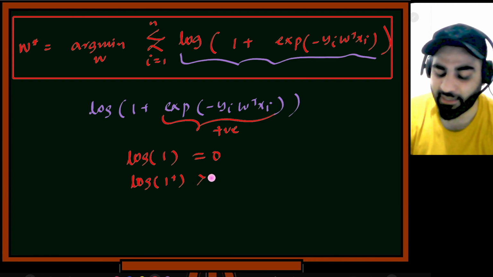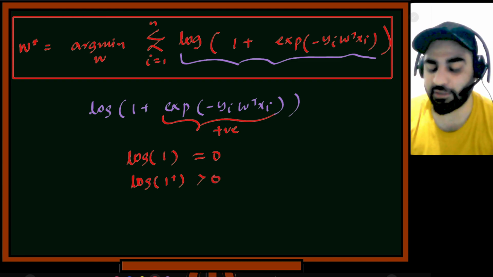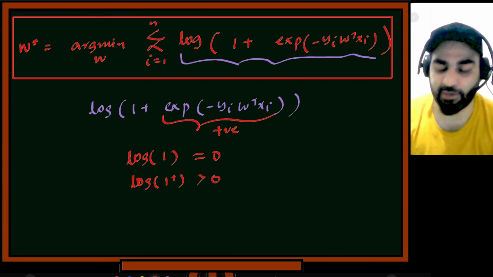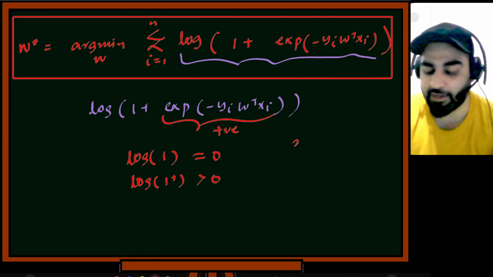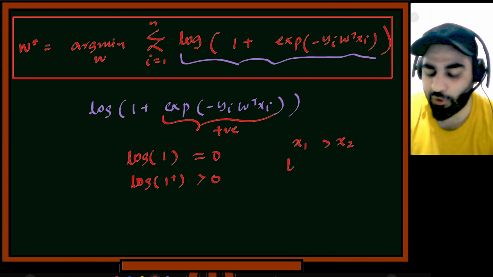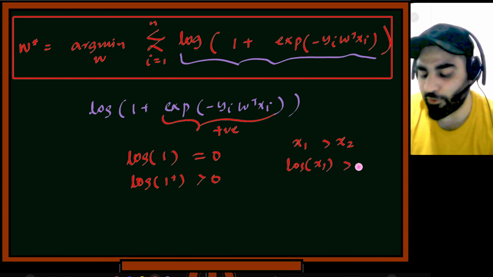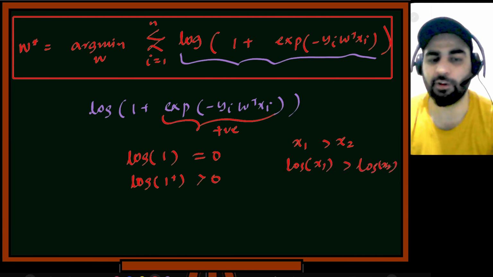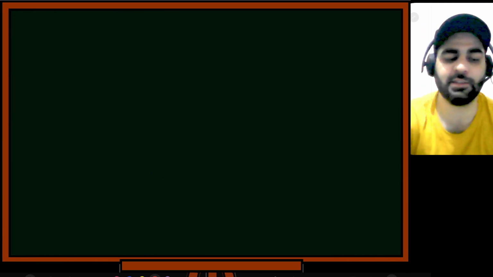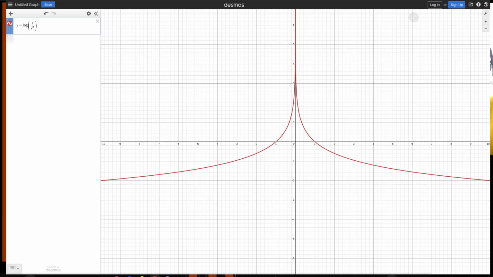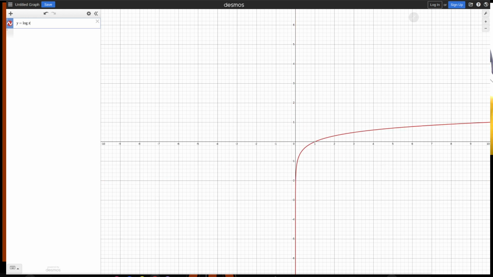So obviously it will be greater than 0, because log is a monotonic function. If we have x1 that is greater than x2, then log of x1 will be greater than or equal to log of x2. Again, to show you this function, because you must commit these functions to memory, if I just draw the function log of x, log of negative numbers is not defined.